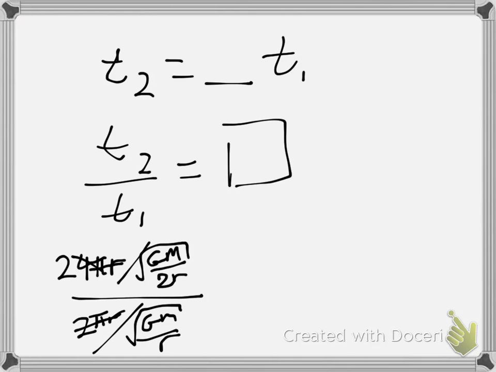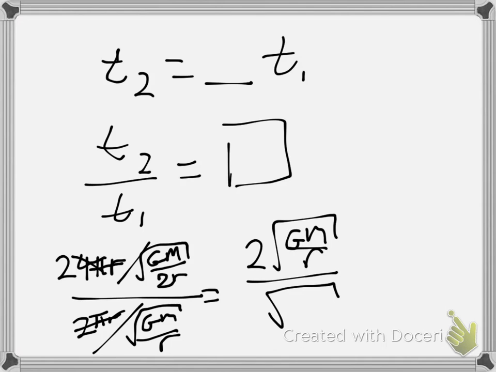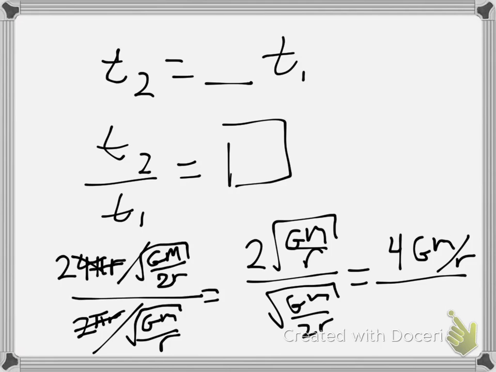And then when I invert those, that becomes 2 big G m over r divided by big G m over 2r. So then that becomes 4 big G m over r divided by big G m over 2r on the bottom.